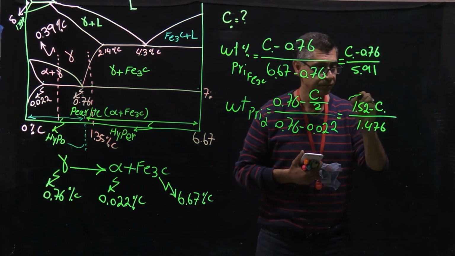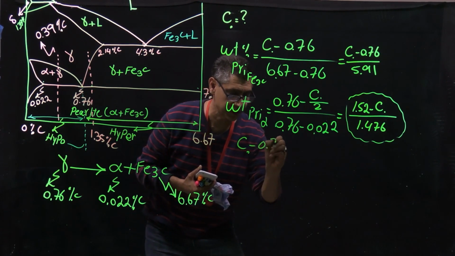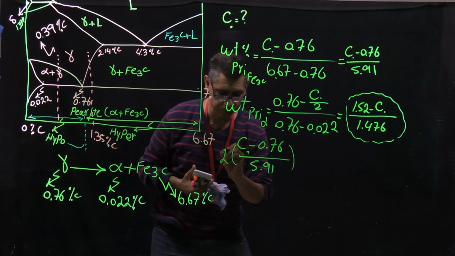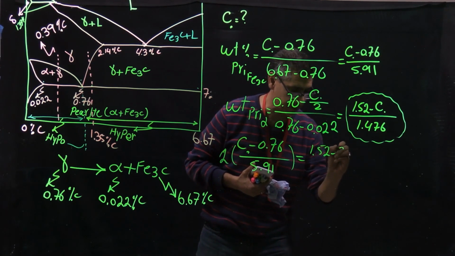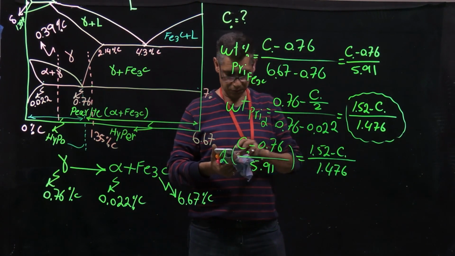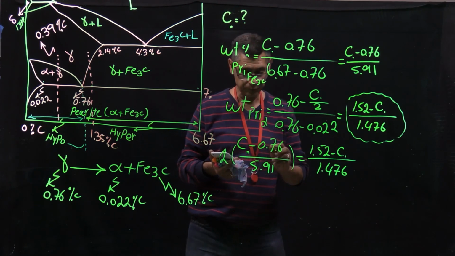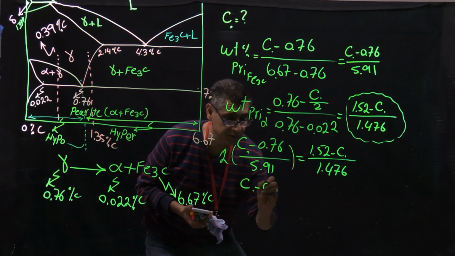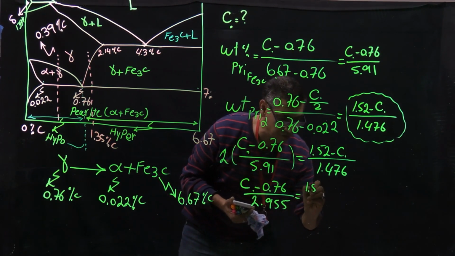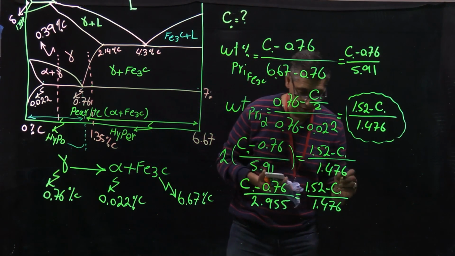So this value is twice this. I write down C sub 0 minus 0.76 divided by 5.91 multiplied by 2 is equal to 1.52 minus C sub 0 divided by 1.476. Dividing 5.91 by 2, it's C minus 0.76 divided by 2.955 is equal to 1.52 minus C sub 0 divided by 1.476.